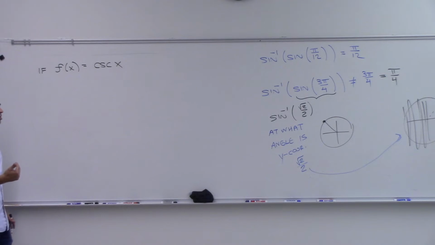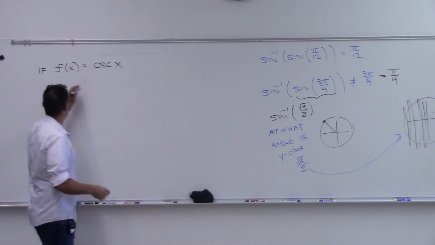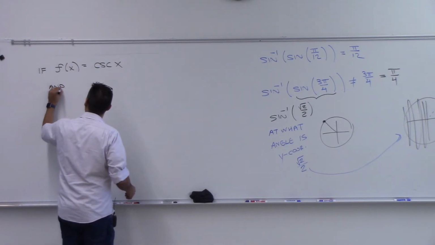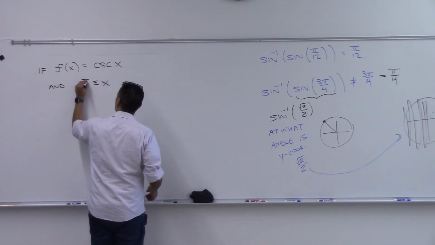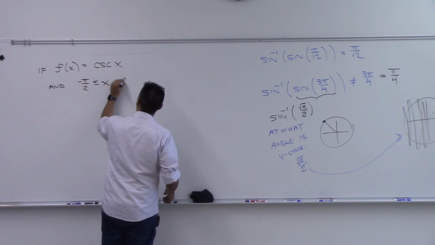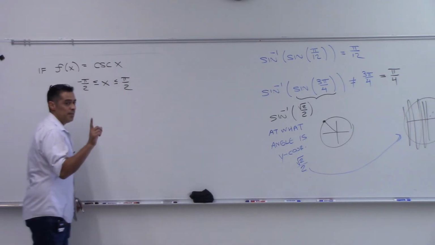So what was the domain restriction for sine? Negative pi over 2 and pi over 2. So if we start with this function and we make sure that the x is between negative pi over 2 and pi over 2.